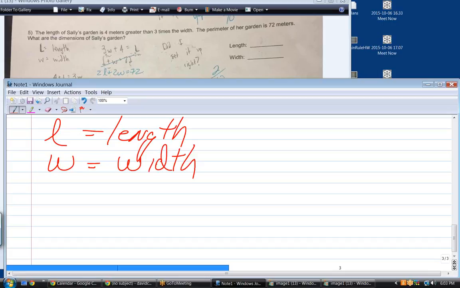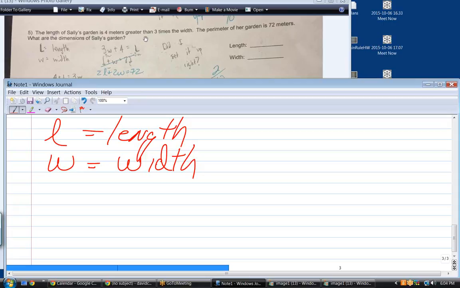Now that we've got our variables defined, let's go back to the first sentence. This is the way you do all word problems: you start at the last sentence, and then you go back to the first sentence. So put the first sentence in an equation.